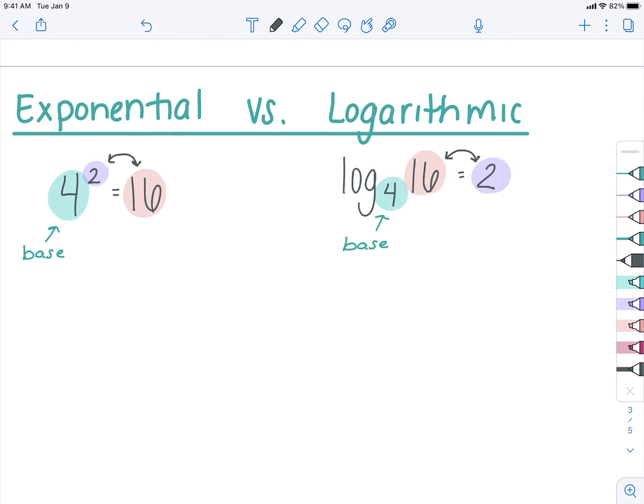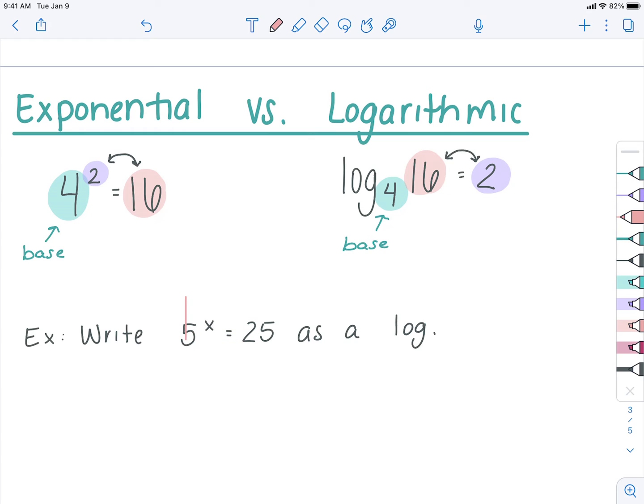So if I wanted to, for example, write 5^x equals 25 as a log, I want to make the log, so an easy way for me to remember to make the log is I want to have an L. I'll do that again so you can see. I want 5 first.